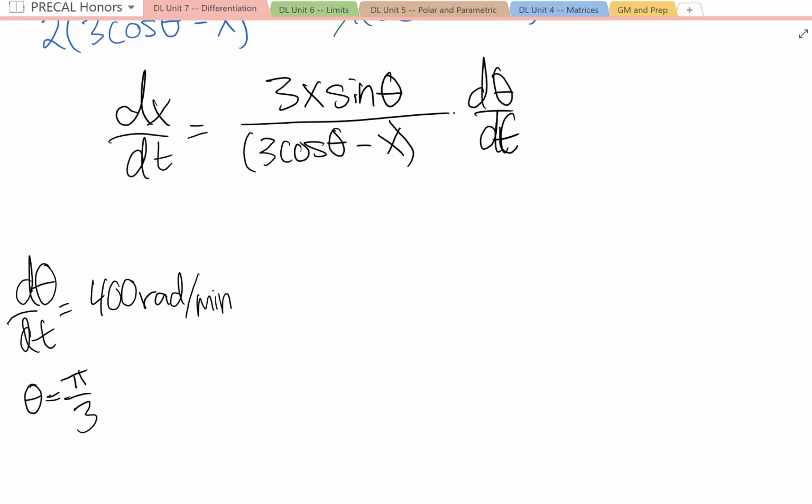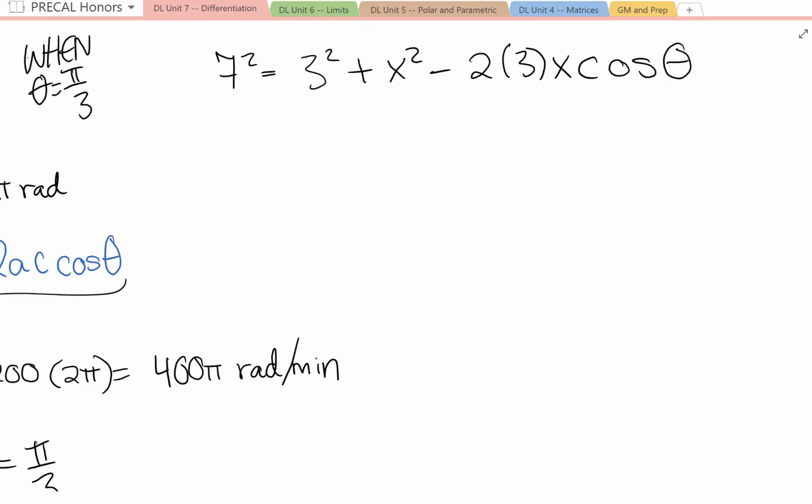Remember that they gave us, or we found, the change in the angle with respect to time, and they gave us a specific angle to check for. So that takes care of this and this, but what about x? What about these x values? Everything we're substituting in is when theta is pi thirds.